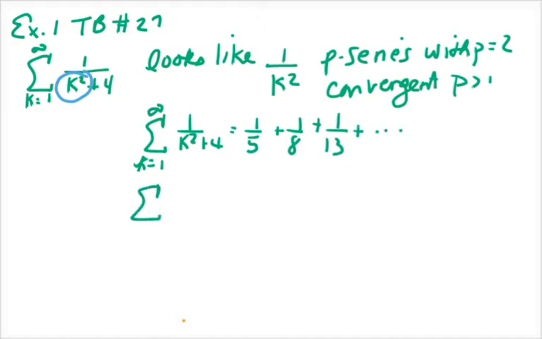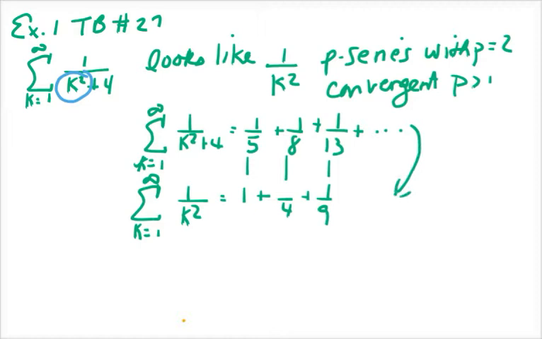And then list the p series. You can see that each of the terms here is less than, right, the p series. So this top series is less than this bottom series.